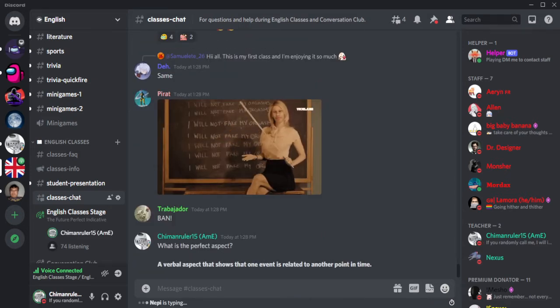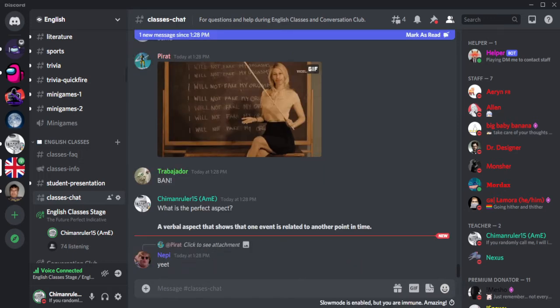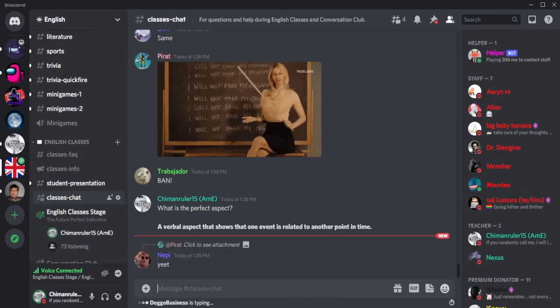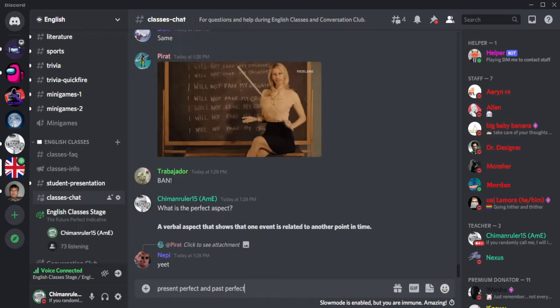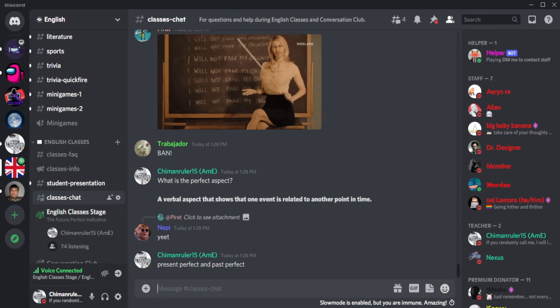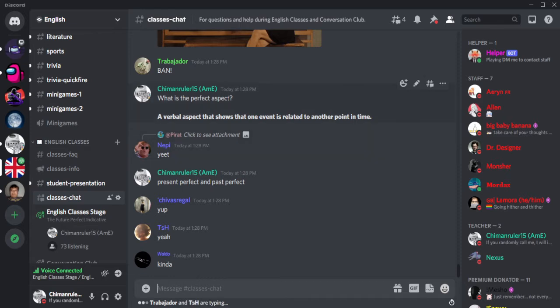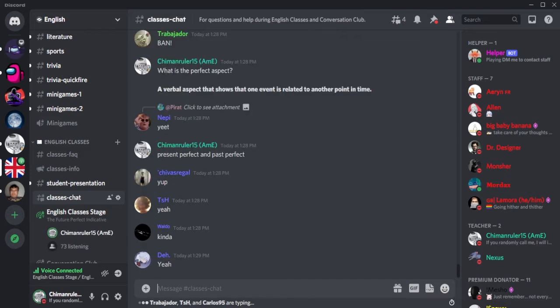So what do I mean by perfect aspect? Well, let's look at the two forms we have. Well, there are three, but I'm going to talk about the first two. So do you guys remember the present perfect and past perfect? So remember, the present perfect is has or have plus, if you recall, the past participle of a verb.